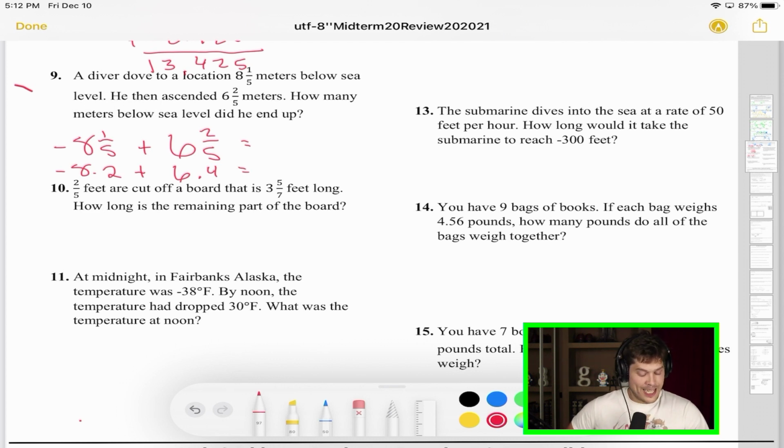And what does this equal? This equals negative 1.8. So he's still down 1.8 meters.